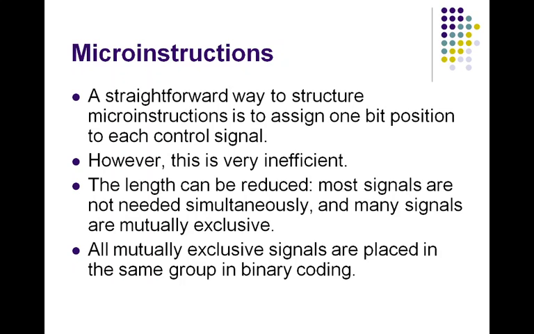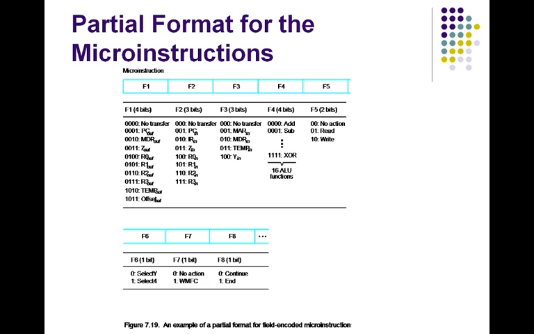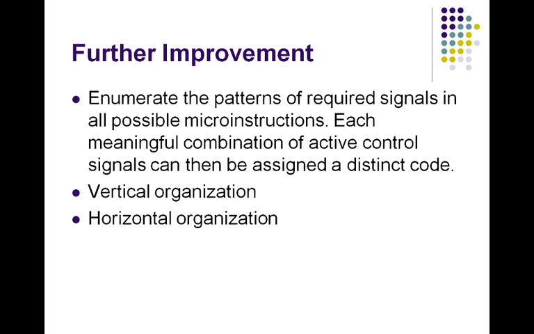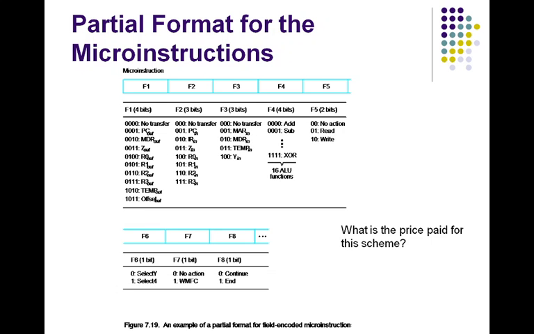Further, the natural groupings can be made for the remaining signals, as you can see in this particular figure. This figure shows an example of a partial format for the micro instructions in which each group occupies a field which is large enough to contain the required codes.